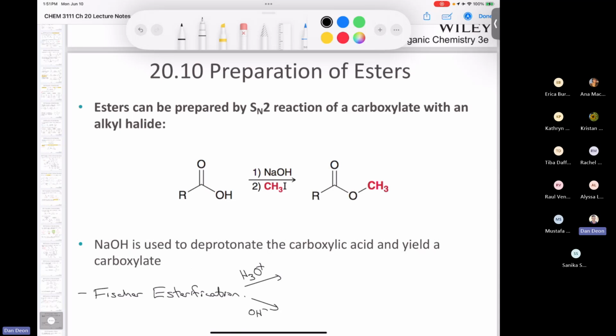Both of those are important mechanisms as well. So we're going to look at the mechanism of Fischer esterification, then hydrolysis in acid, and then hydrolysis in base. When the hydrolysis is done in base, it has a special name. This is called saponification, and it's a very widely studied and tested concept in organic chemistry.